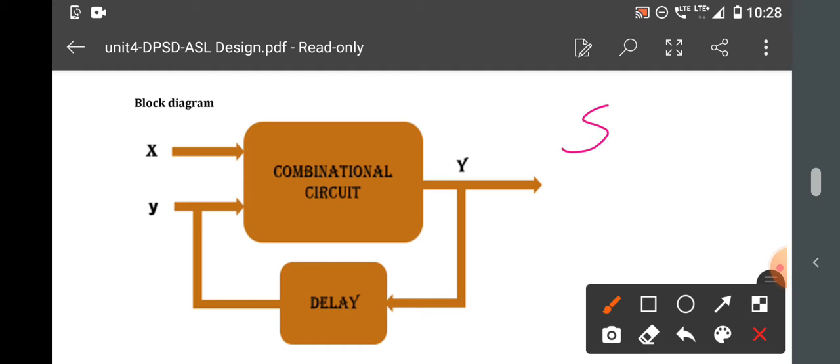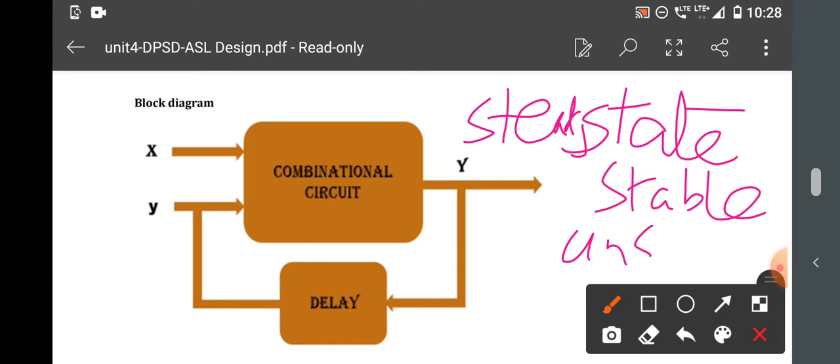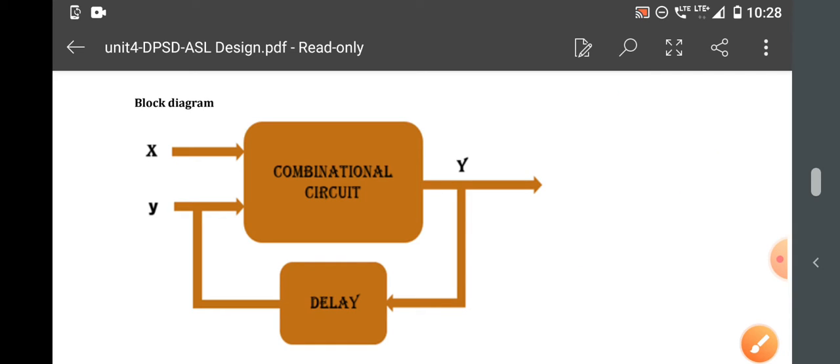So we have the information called steady state, or stable condition, or unstable condition. In the stable condition, we know that when input produces a change, the output also changes. In the unstable condition, there is no output. It will depend on the previous output.